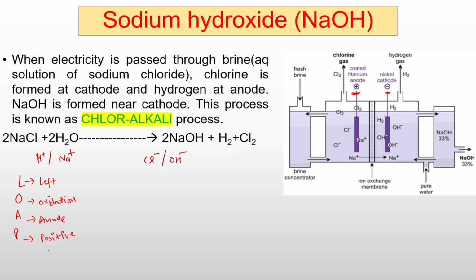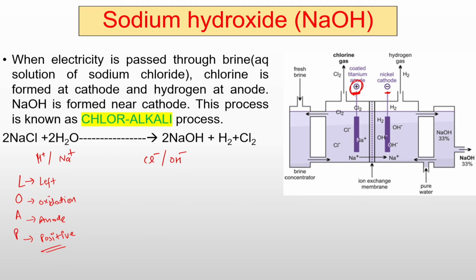This is the setup of any electrochemical cell, or where we carry out electrolysis. So you can check on the left side we have oxidation, and this is the anode, and LOAP, so this terminal has a positive charge. Just opposite of this, you can write right, reduction, cathode, and negative. So on the right side we have negative charge.